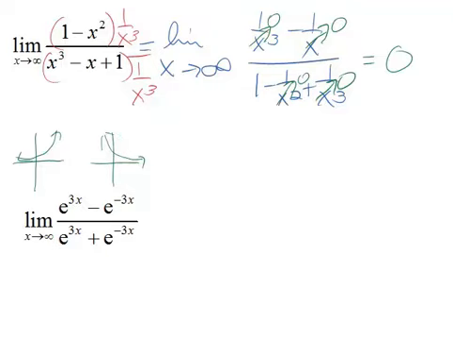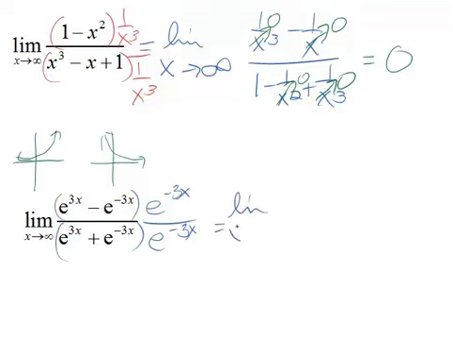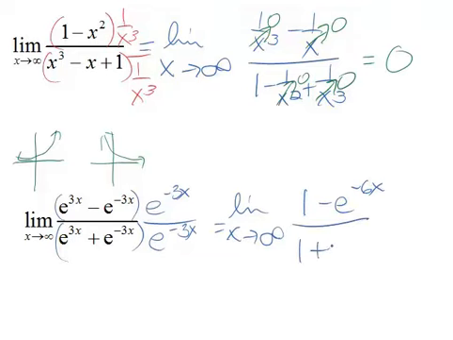So what we're going to do is multiply numerator and denominator by e to the negative 3x, and we'll see why this is going to work nicely. Now we have the limit as x approaches infinity of, distributing this, 1 minus e to the minus 6x over 1 plus e to the minus 6x.